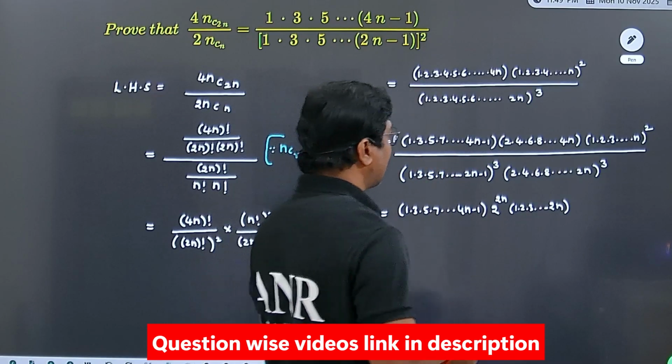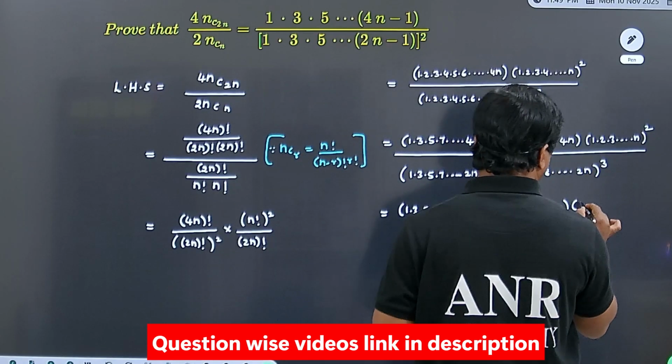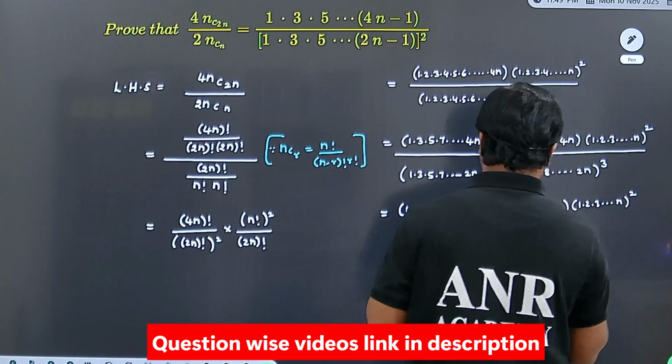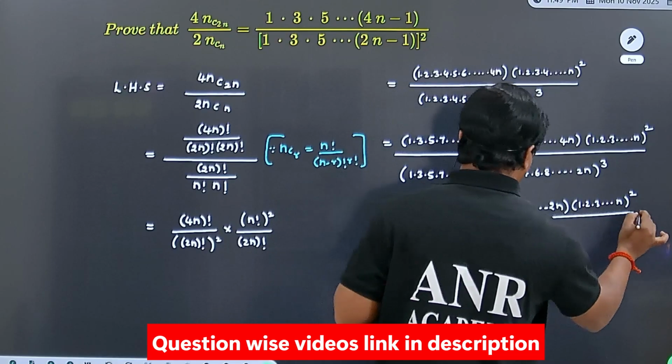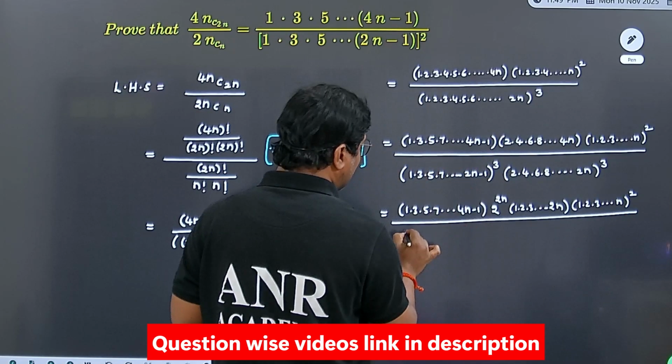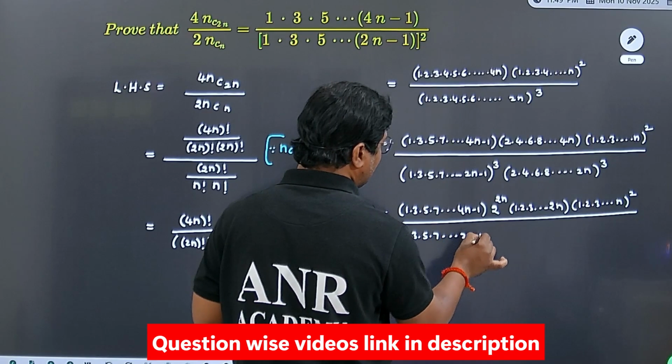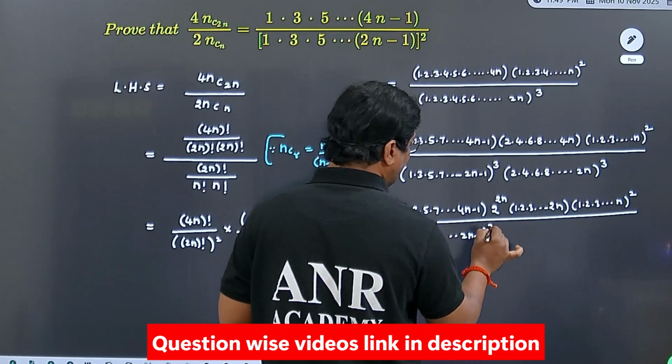Next, this is 1, 2, 3 and so on n whole square. Next, here odd numbers 1, 3, 5, 7 and so on 2n minus 1 whole cube.